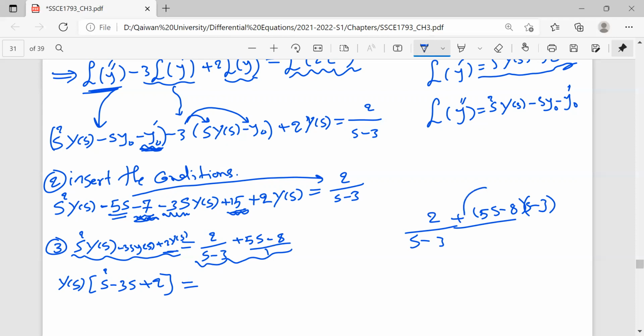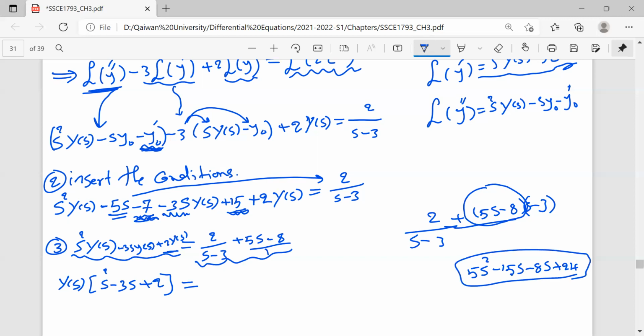Multiply this term by s minus 3, and we write down 1 common denominator, which is s minus 3. And here 5s minus 8 multiplying by s minus 3 is 5s squared minus 15s minus 8s plus 24.